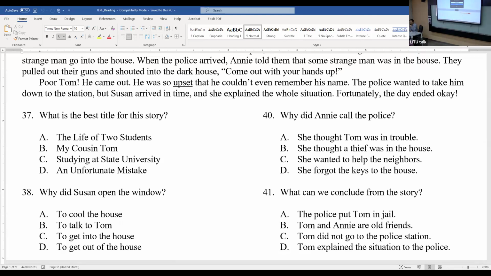Go to Gosoa box. Type 167-694-884. Okay, and then this is the question. What is the best title for this story?